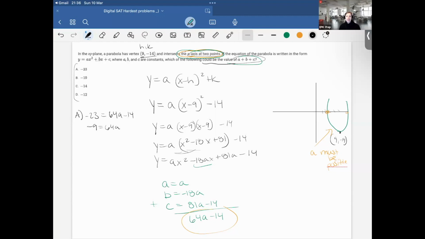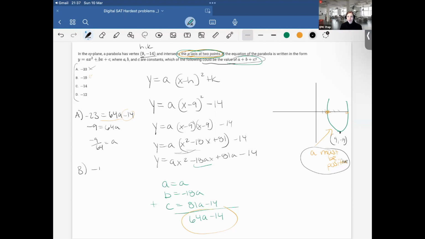But anyways, here, just to save time, I would stop because I can see that this results in a negative value of a, and I'm looking for a positive value of a. So can't be this. B, same thing. Also, I can see that I am just moving the -14, so I'm adding 14. So this would also be negative.